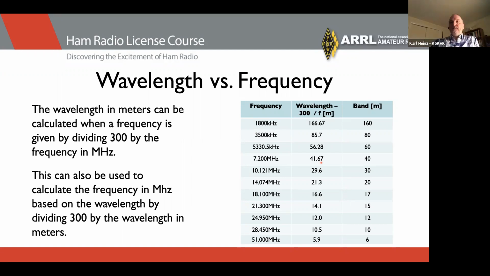Yeah, you have established ham radio bands. And these are the ones that you find in the right column. That's what they are called. So you have the 40-meter band, the 20-meter band.